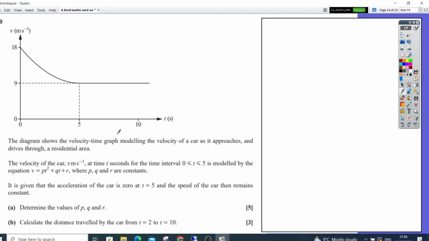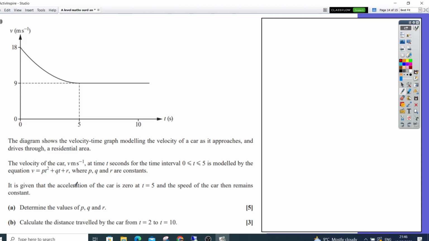The diagram shows a velocity-time graph, modeling the velocity of a car as it approaches and drives through a residential area. The velocity of the car, v, at t seconds for the interval from 0 to 5 is modeled by this quadratic, where p, q, and r are constants.